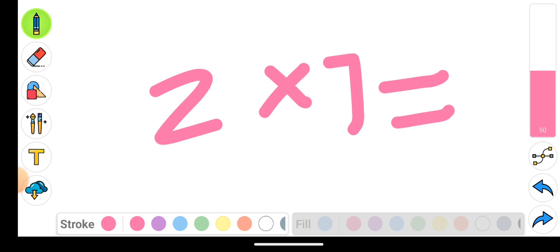So if you get, say, 2 times 7, you have to do 2 plus 2 plus 2 plus 2 plus 2 plus 2 plus 2. You have to do that, and then you'll get the answer. But that's what you do.